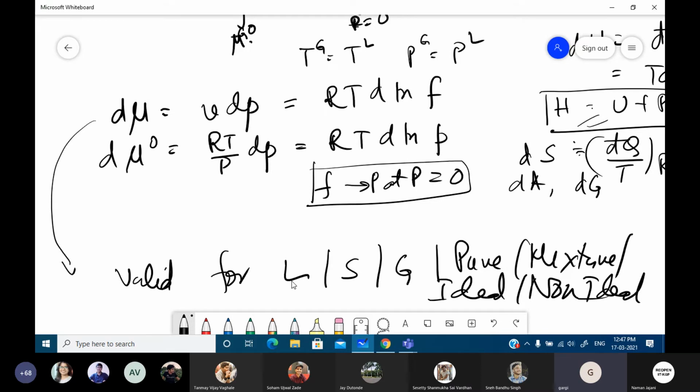When it is not at all ideal, F is equal to F. But we have a way of calculating F under some particular limiting conditions. And that is the primary reason why P was replaced with F and mu was defined in terms of F.